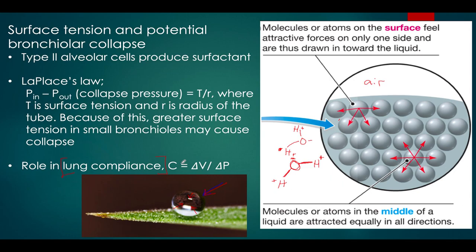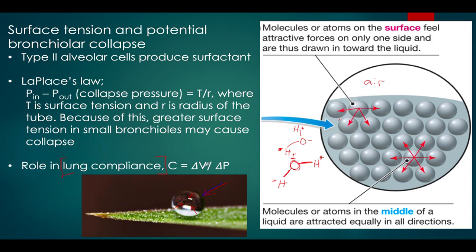Babies born prematurely lack sufficient surfactant production, and so they have low lung compliance. It's more challenging for them to breathe, and because they're preemie babies, they're very weak, and so they often have to be put on ventilatory assistance to help them breathe so they don't get exhausted simply in the process of trying to ventilate their lungs.